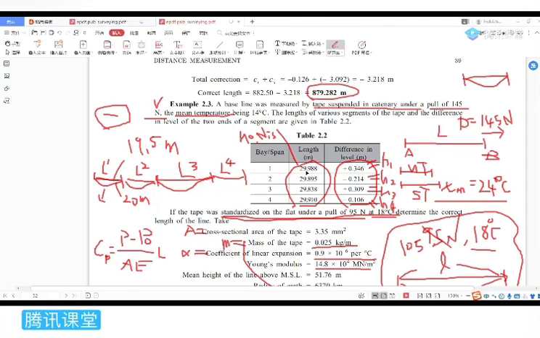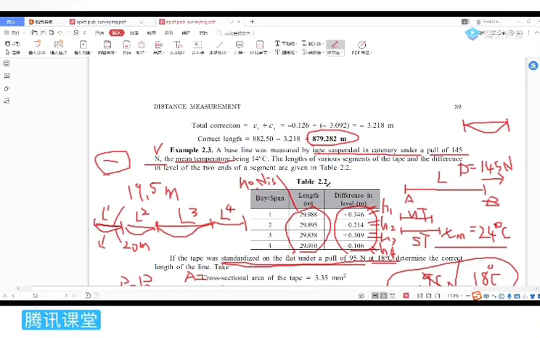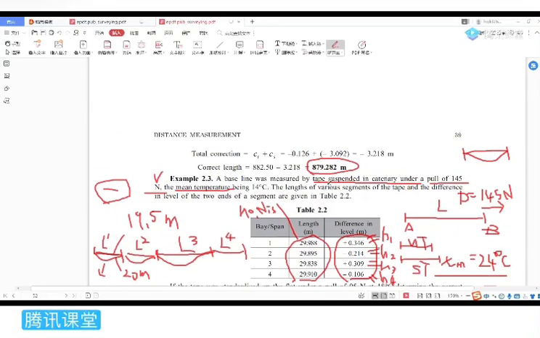The reading when you read is 29.988. Normally, with the tape, you don't have such a precise measurement up to 0.98. Maybe yes, maybe not. Normally it's probably 29.98. So to get another 0.001, you probably need a much more precise tape.